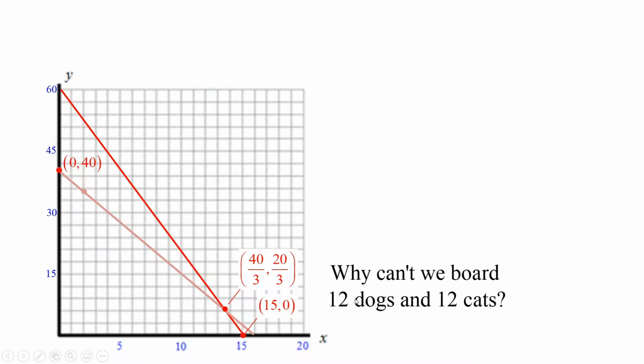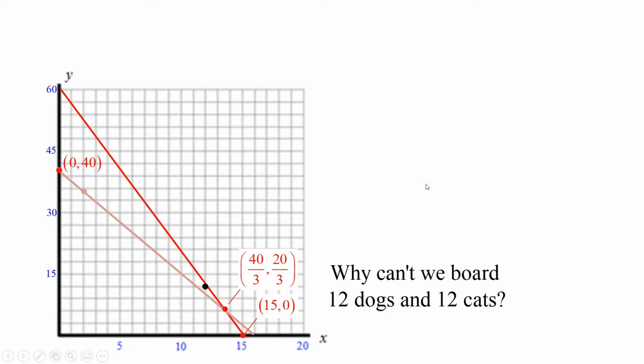So let's plot the point 12, 12 and see where it lies in the first quadrant of the coordinate plane here. So X equals 12, that'd be 10, 11, 12. And Y equals 12. What are my Y's going up by? It looks like 3. 3, 6, 9, 12. That point would be right there.